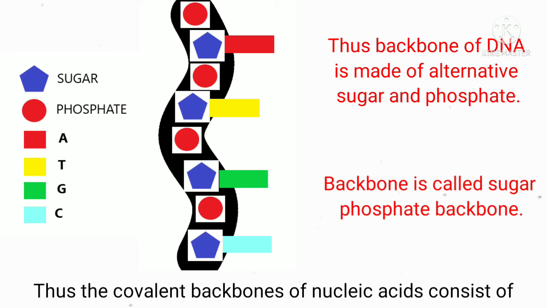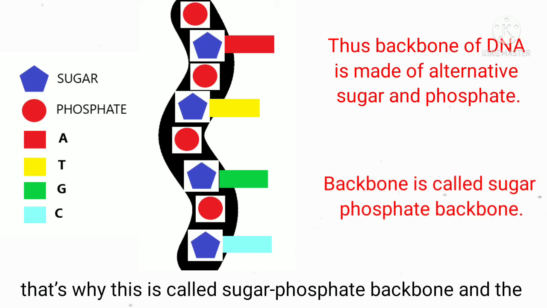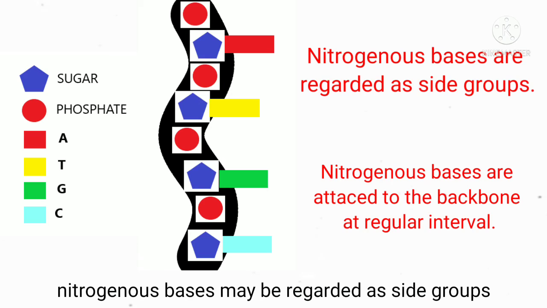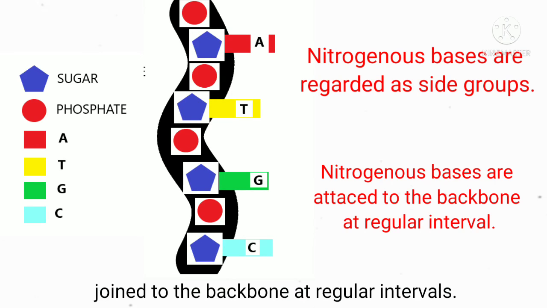Thus, the covalent backbone of nucleic acid consists of alternating phosphate and pentose residues. That's why this is called the sugar-phosphate backbone. And the nitrogenous bases may be regarded as side groups joined to the backbone at regular intervals.